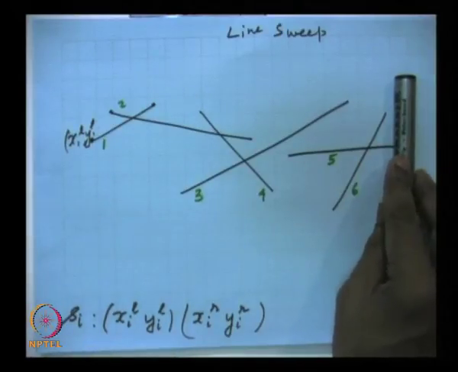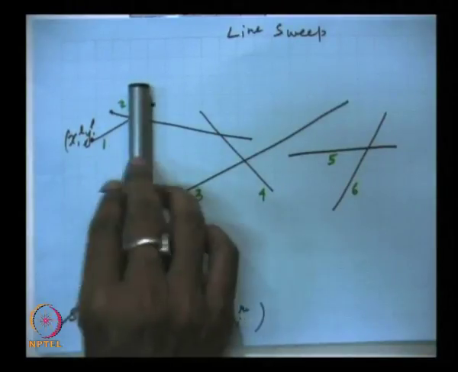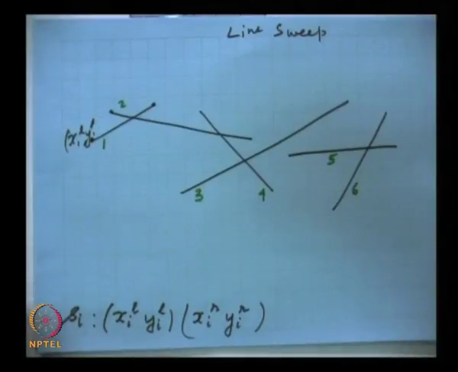Now, as we move this line, of course, I am saying we are moving it in a continuous fashion, but we will not be able to actually simulate this, because a continuous moving line will take infinite time. So, we will only take snapshots at some junctures which will be interesting to us, and these are called event points.